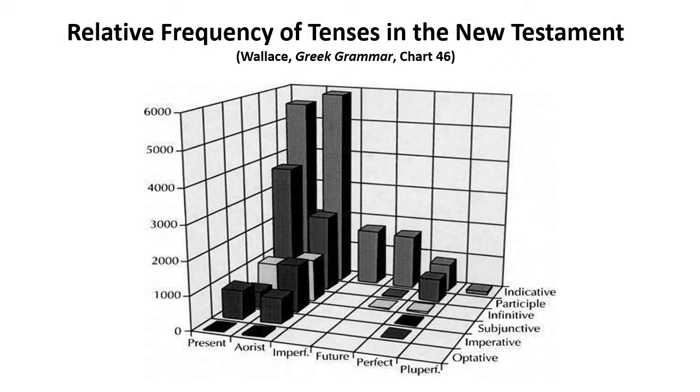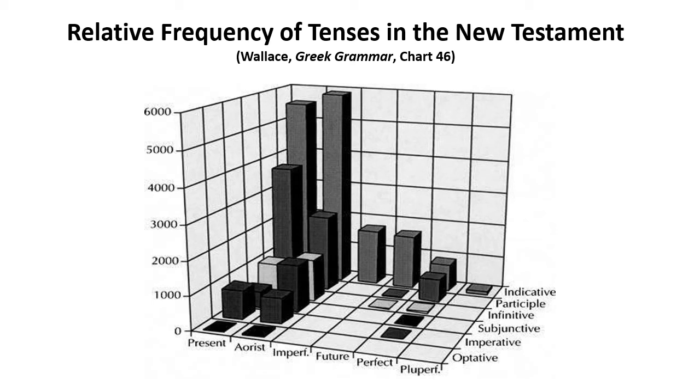Now, as we look at this bar chart here, or graph in 3D, it's helpful to compare the number of occurrences of one tense form versus another. And this comes from Daniel Wallace's Greek grammar book, Beyond the Basics. And you can see the present tense form across the bottom and the aorist tense form are the most frequently used, especially in the indicative mood, as well as in the participle forms.